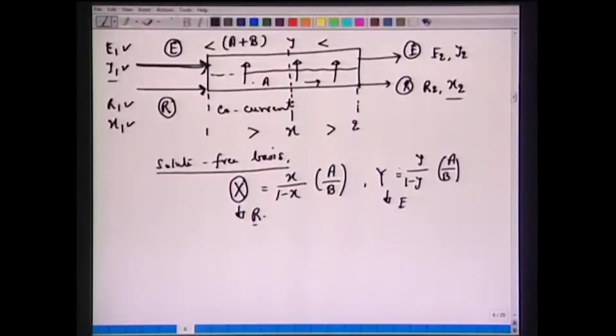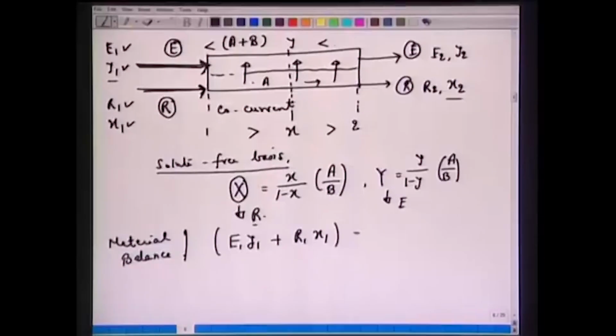Now let's make a material balance. We have a steady state, and we are making a species balance specifically on A. Let's begin with this. We have two streams which enter here. So we can write E1 Y1 plus R1 X1. This stream brings R1 X1, this stream brings E1 Y1.